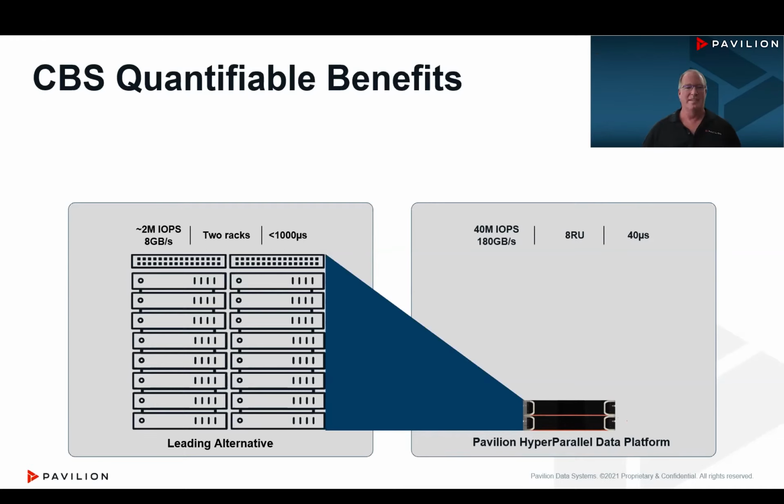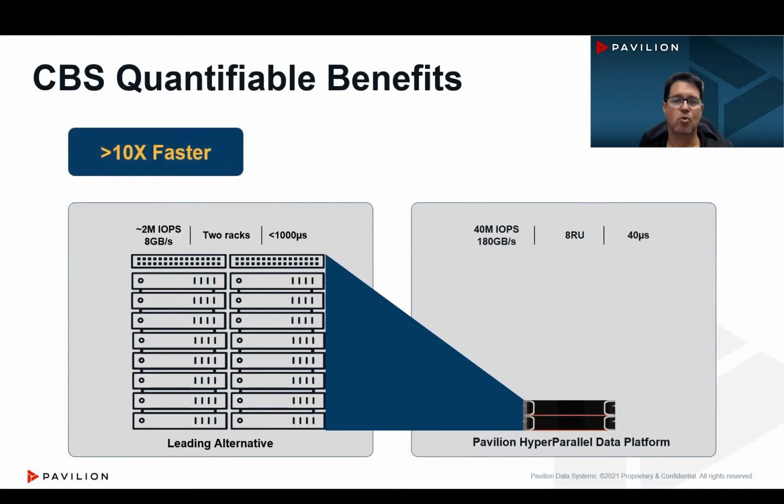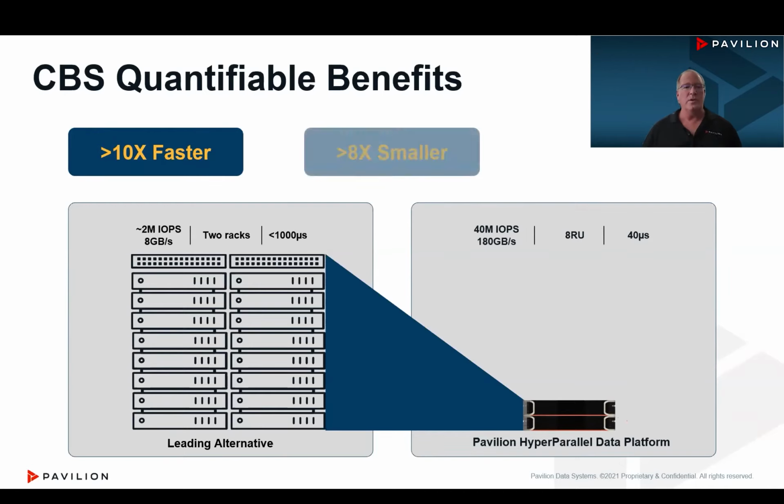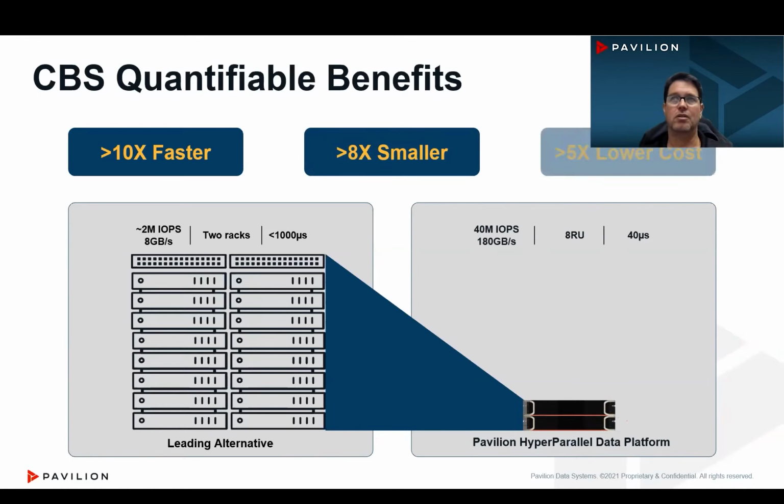We were really able to come in and in 1.5 systems deliver more than 10 times the performance, at less than 8 times smaller, and probably one of the more important ones, 5 times lower cost. Pretty nice. A really good story.